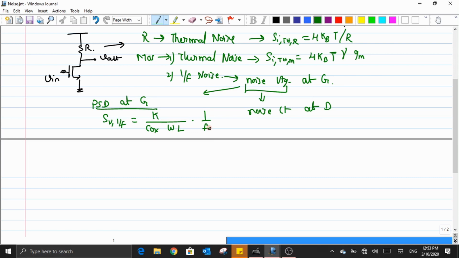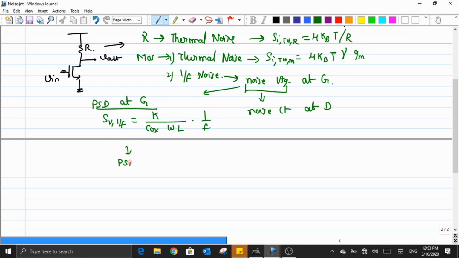There is one more term K here, so in order to distinguish this K from the Boltzmann constant, I've denoted the Boltzmann constant as kB and this one as just K. So this is the power spectral density of a flicker noise. You can go through the video back to see how I wrote this particular expression and what is the meaning of it. But as of now, we'll just take only the value of it. Clear? So now this one I need to convert into a power spectral density in terms of current.